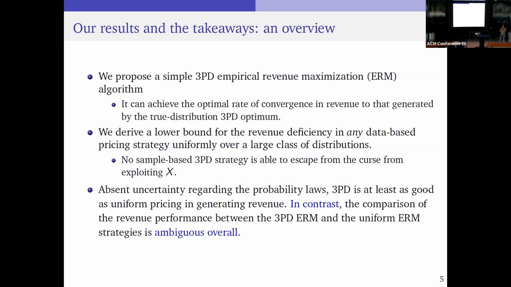To show the optimality, we derive a lower bound for the revenue deficiency, more like a revenue regret, or what we can call generalization error, for any data-based price strategy uniformly over a pretty large class of distributions.